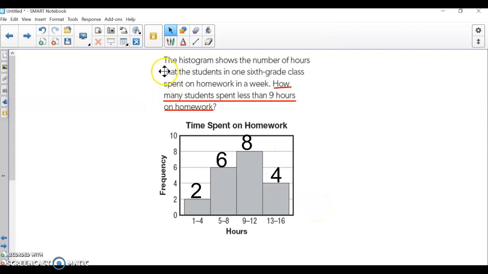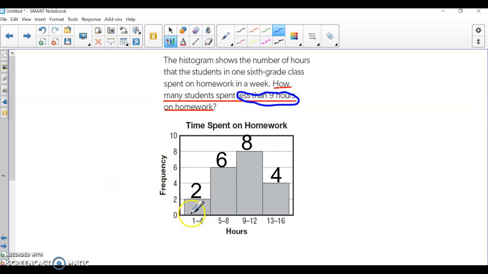Let's go back to the question. How many students spent less than 9 hours? Here's your keyword. You're looking for less than 9 hours. So I'm looking at 1 to 4 hours because 1 to 4 is less than 9.